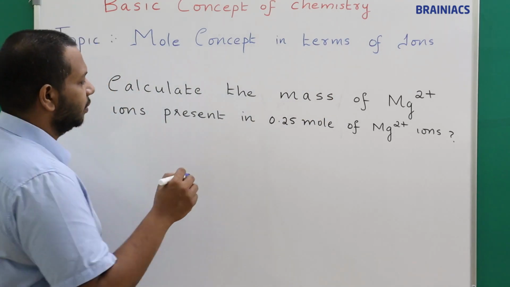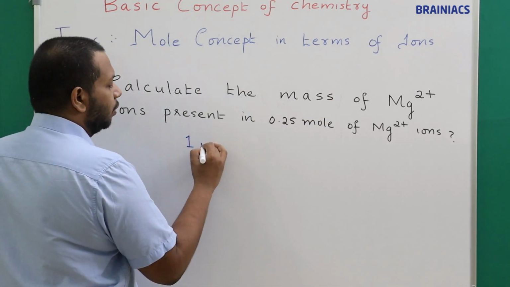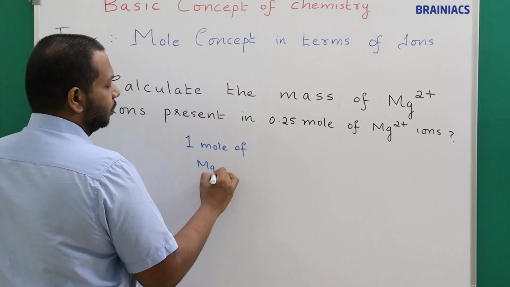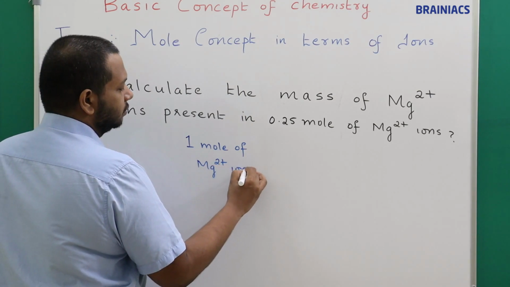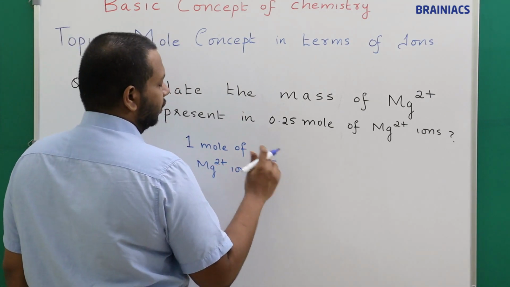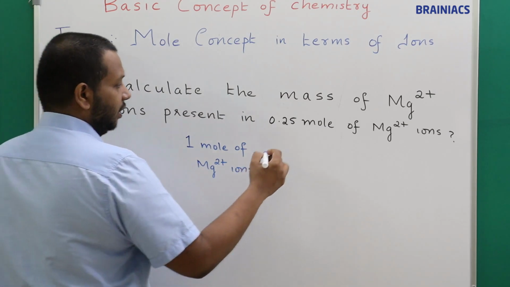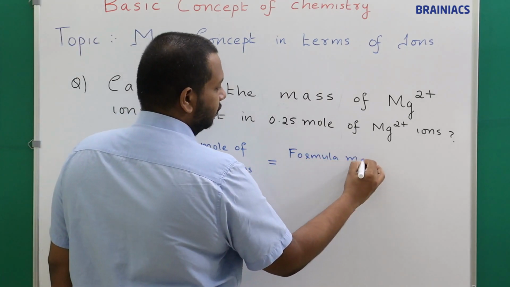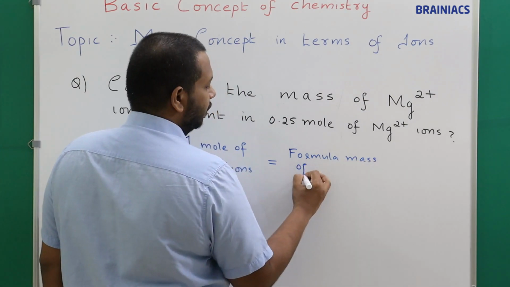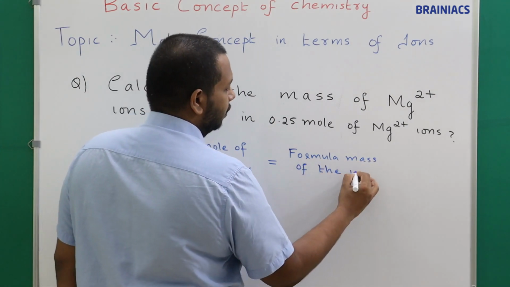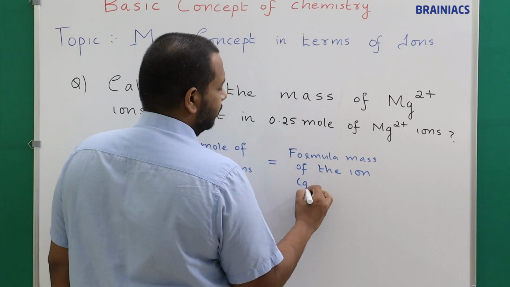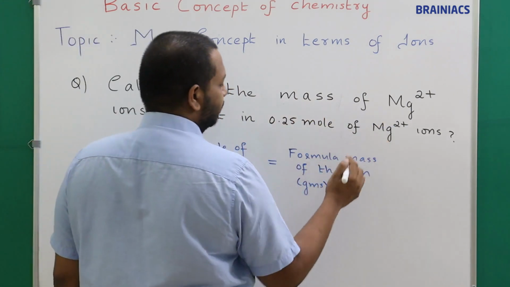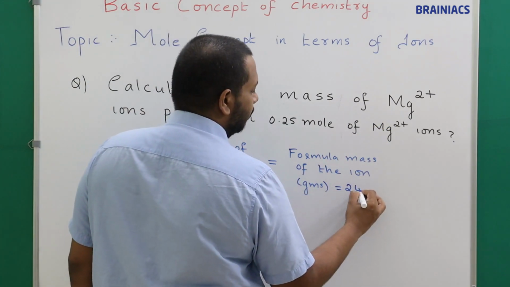So again I know the fundamental formula. 1 mole of Mg2 plus ion is equal to, with respect to mass, what we have learned, the formula mass of the ion in grams. So here it is Mg2 plus, so magnesium is the ion, so I can say it is 24 gram.